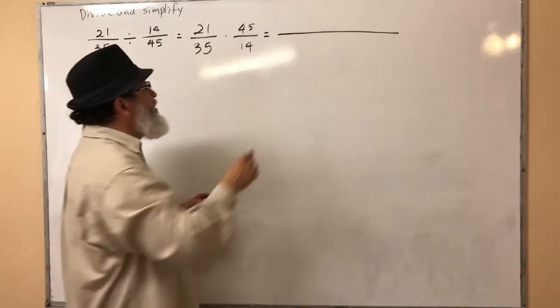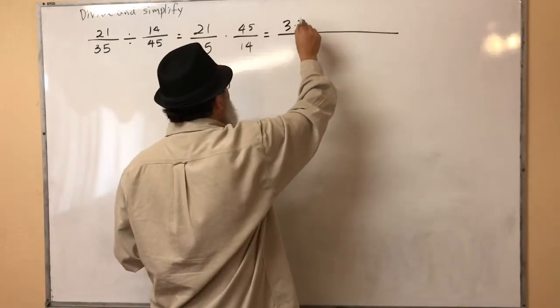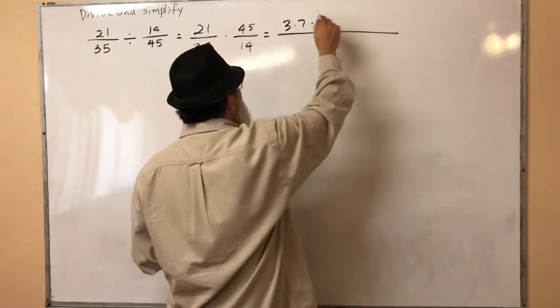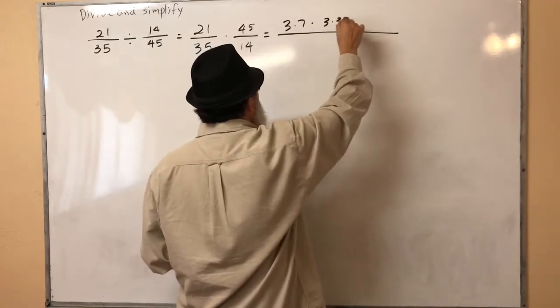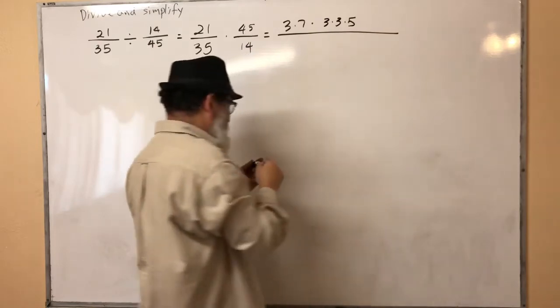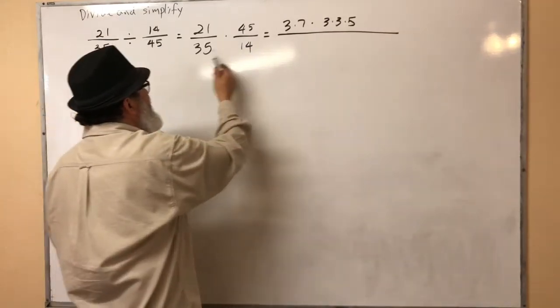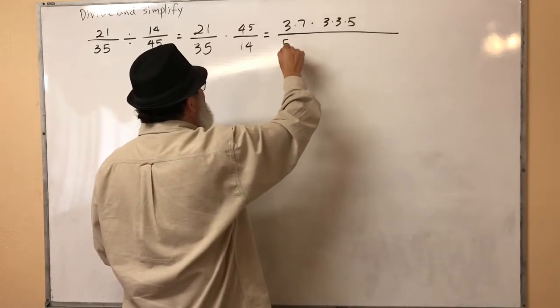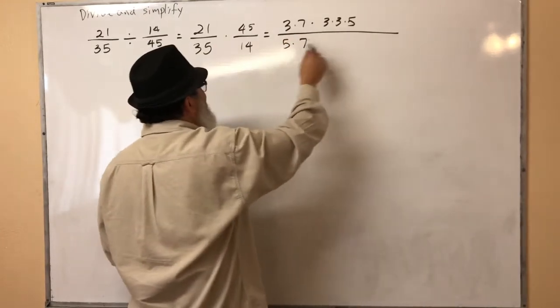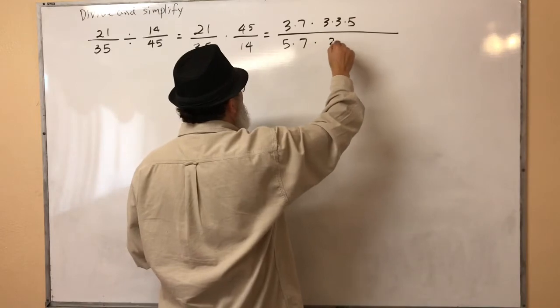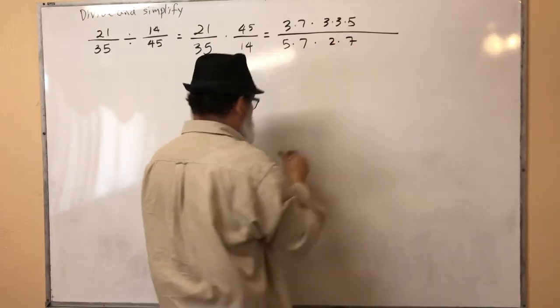In the top, we have 3 times 7, and 45 is 3 times 3 times 5. In the bottom, we have 5 times 7, and then times 2 times 7.